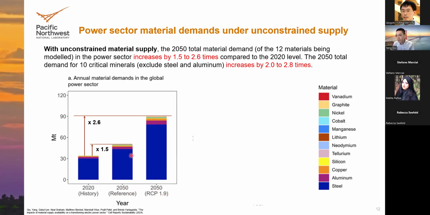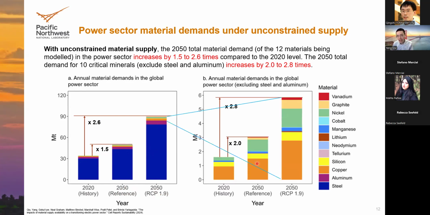Basically, you can see when there is no supply constraint on materials, the material demand in the power sector will significantly increase, which is mainly driven by the deployment of different renewable energy technologies and also battery storage. And then you can see the type of material that dominates this demand is mainly steel and aluminum.